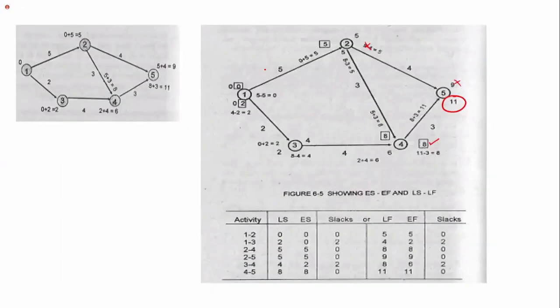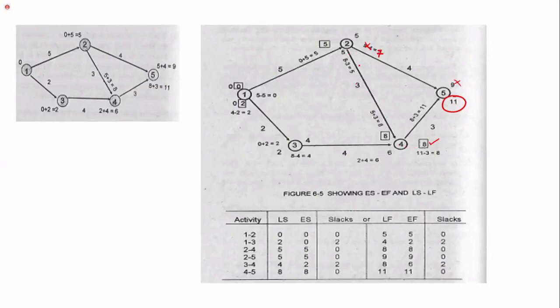Solving the total float or slack time. Let me resolve this: 11 minus 4 is 7. Then 8 minus 3 is 5.